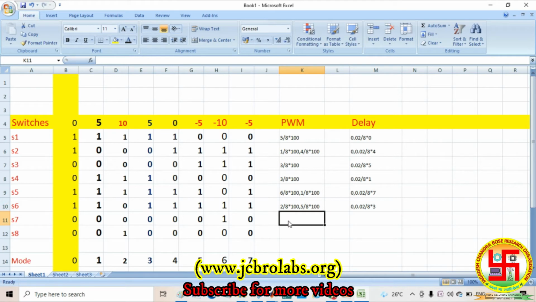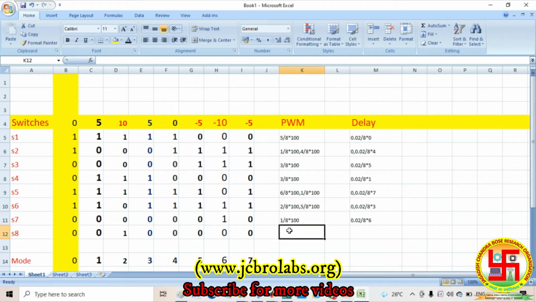Now S7, what is S7? 1 by 8 into 100, and 0.02 by 8 into 6.